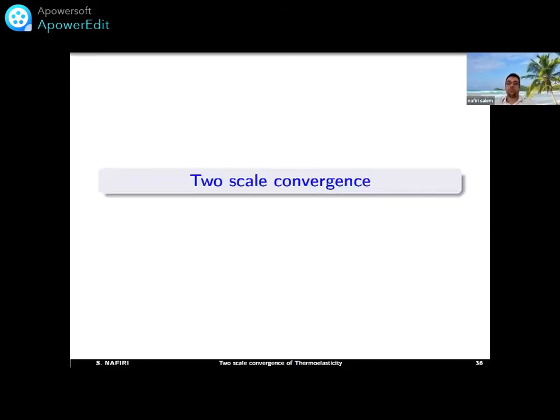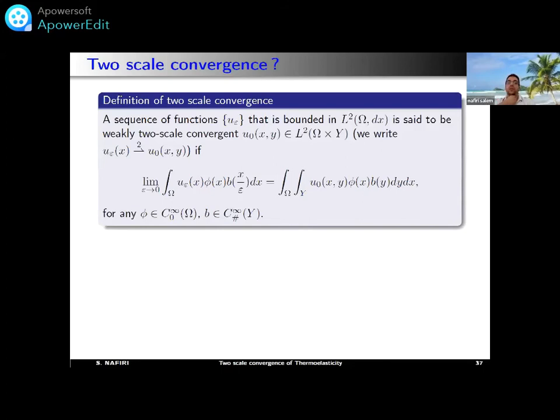Okay, so now I arrive at two-scale convergence. Two-scale convergence is a method that was introduced by Nguetseng in 1989 and then developed by Grégoire Allaire, and after that refined by other scientists like Shikov and others.